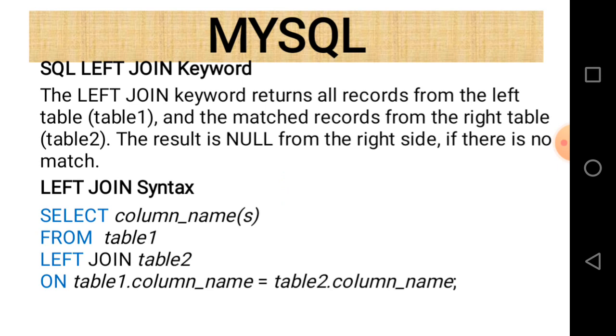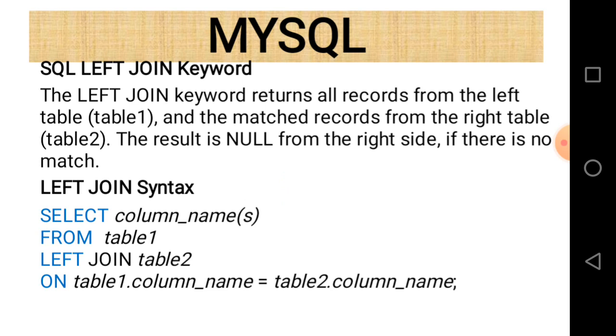Here we discuss syntax. First write select, then column names, then from, then table name, and then write left join, then table name 2, and after that the keyword on, then table name 1 dot column name is equal to table name 2 dot column name. And the column name given here is common to both tables, table 1 and table 2.